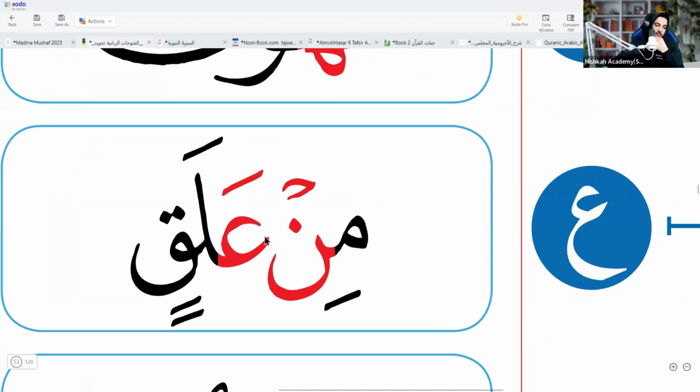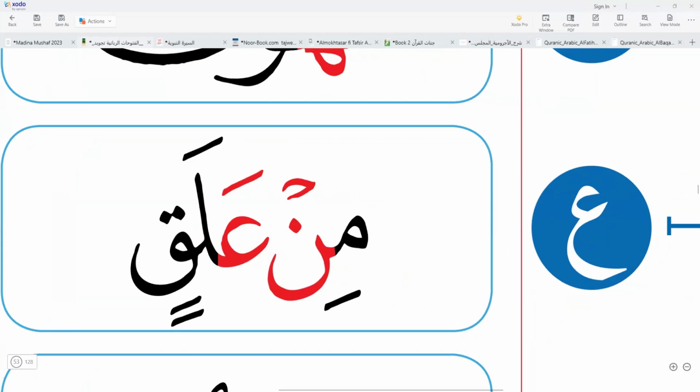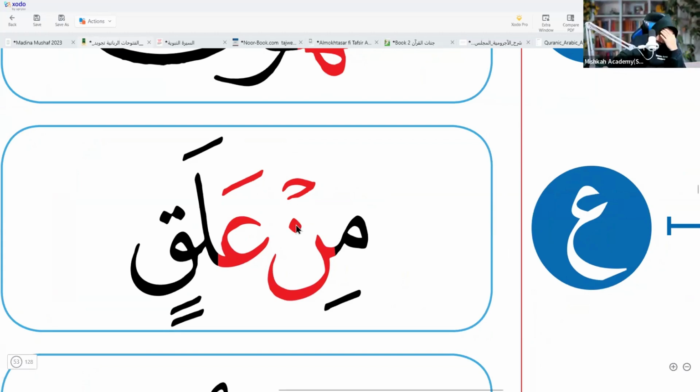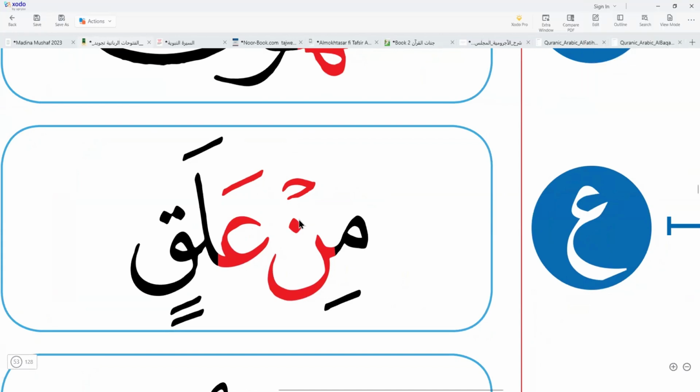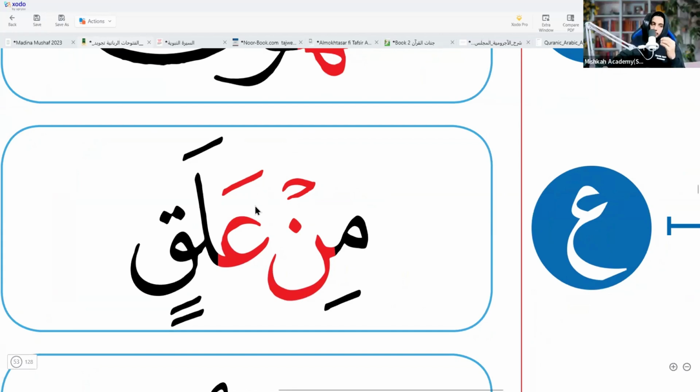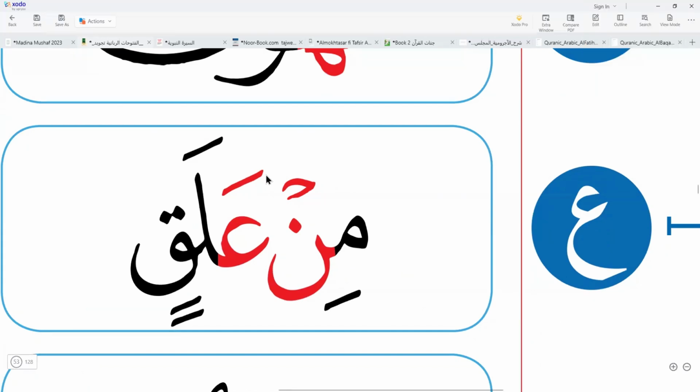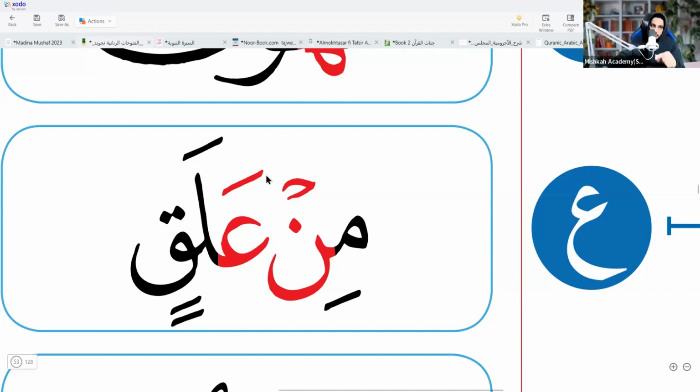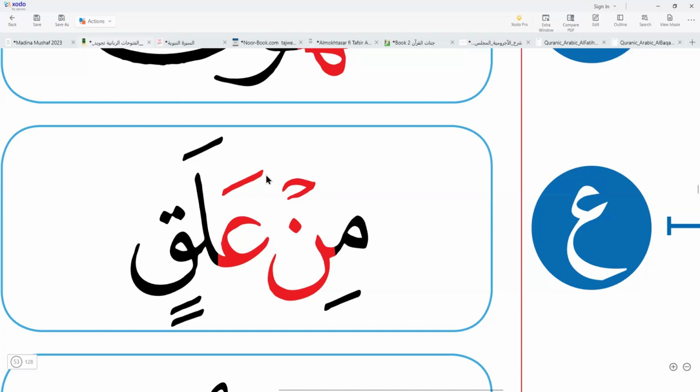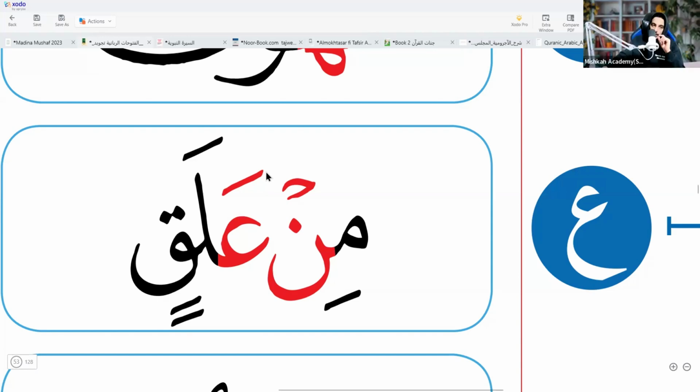Min alaq. The noon sakina is followed by what letter? Sorry? The noon sakina is coming before what letter? Before meem? I believe you didn't understand the question.